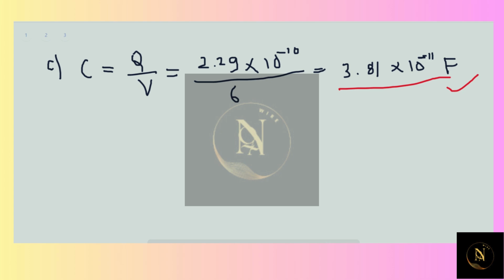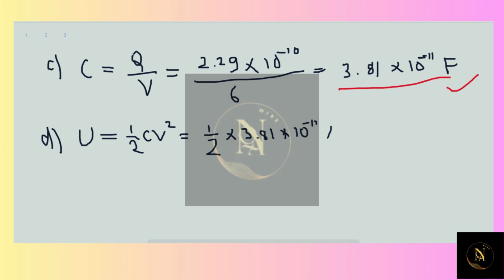Now, part D of the problem. In part D of the problem, we need to find the total energy stored in the cylindrical capacitor. So the total energy stored in terms of the potential is half CV square. Substituting the values of each term here, we already found the capacitance, which is 3.81 times 10 raised to negative 11 farad times 6 volts square.